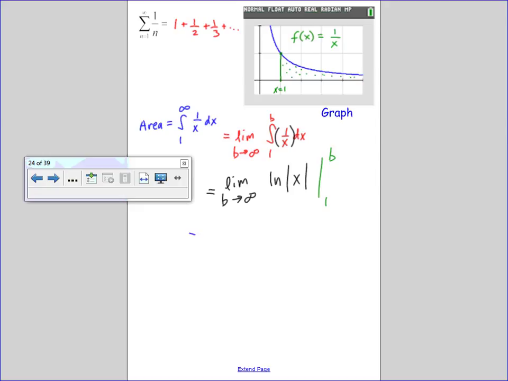And that equals the limit as b goes to infinity of ln of absolute value of b, which is positive because b is going to positive infinity, minus ln of absolute value of 1, which is just 0. So we don't need our bars actually, but we can certainly leave them. And as b goes to infinity, what happens to the natural log of b?